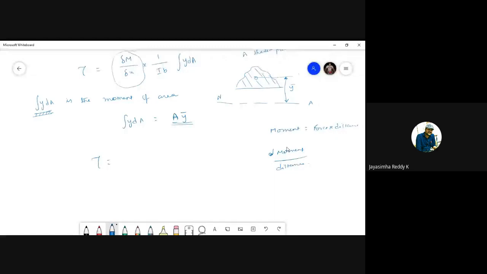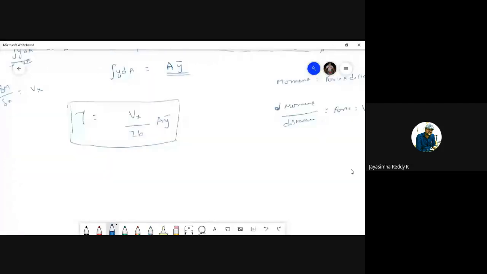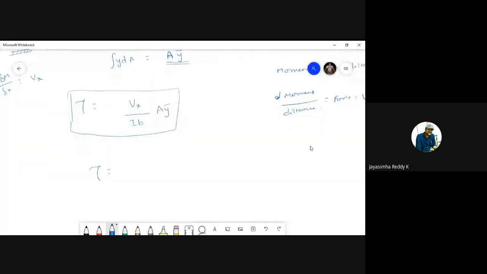This can be taken as force. What is this force? Vx. So delta M by delta x is equal to Vx, and this tau becomes Vx by Ib into A y bar. Okay students, so this is the derivation of shear stress. So we can write tau is equal to Vx into A y bar by Ib. Is it okay, students?